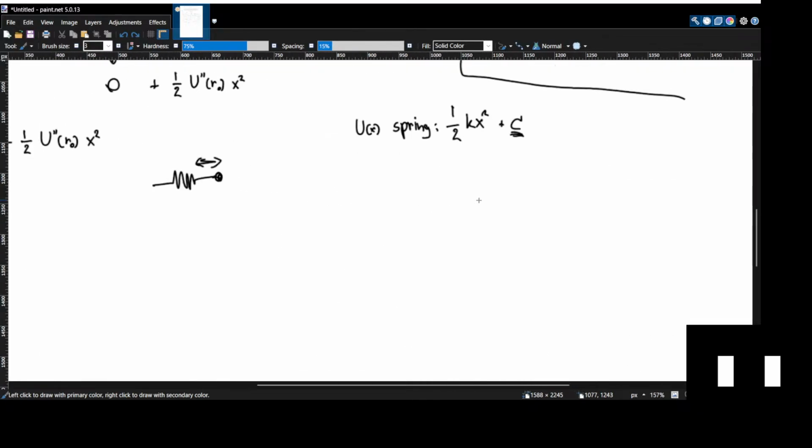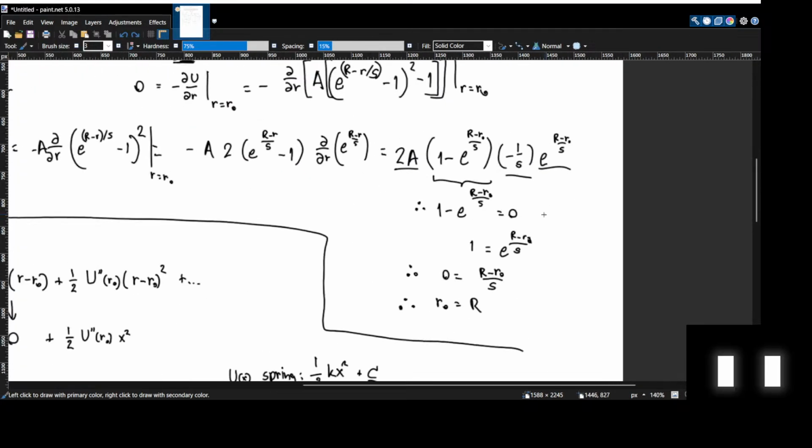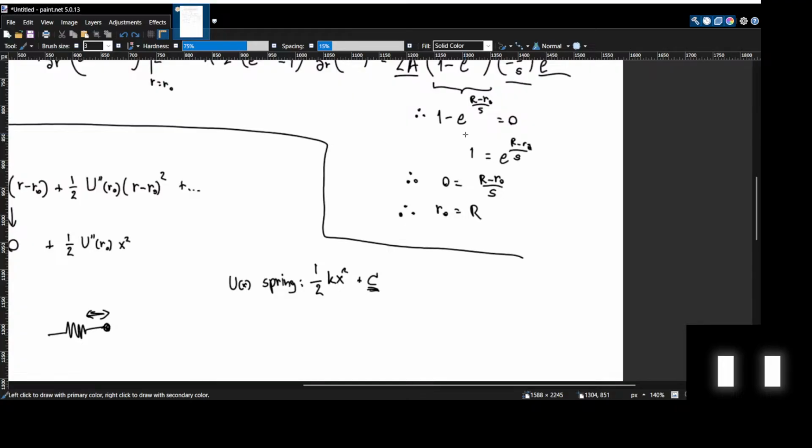So U double prime. We already took the derivative of this, right?